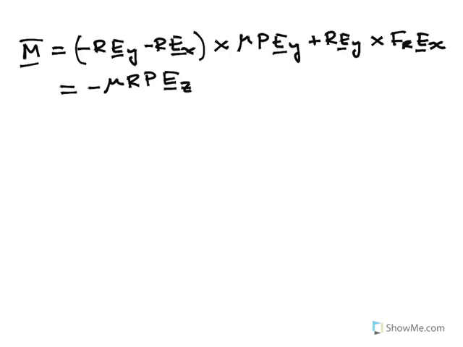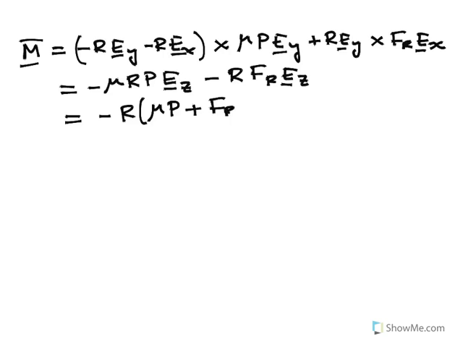That's the first part, because EY crossed with EY is 0. And I get minus R times F sub R times EZ. I can factor out the R as well, so this is equal to minus R times mu P plus F sub R times little ez, because they're the same thing.